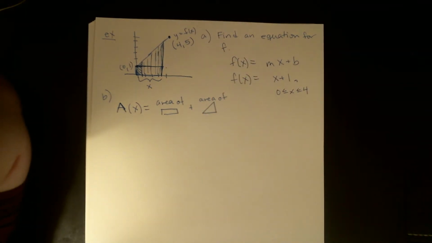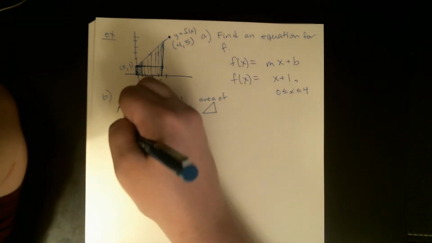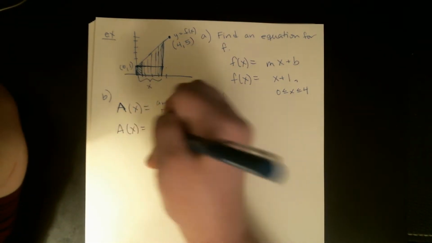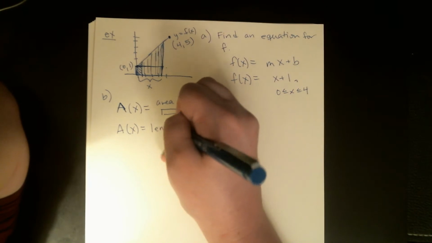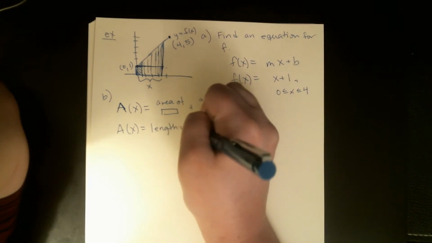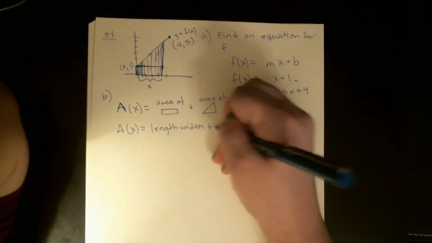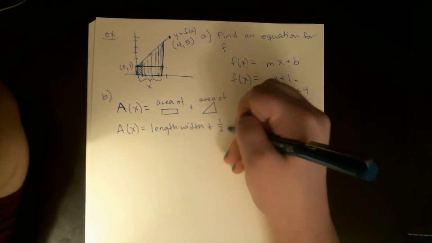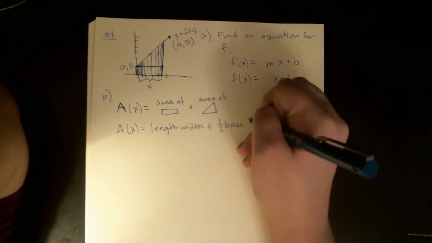However you set this up to begin with is up to you. This is just what I'm thinking when I go to set it up. If I want the area of a rectangle, I'm looking for a length times a width. And if I want the area of a triangle, I'm looking for 1/2 of a base times a height.